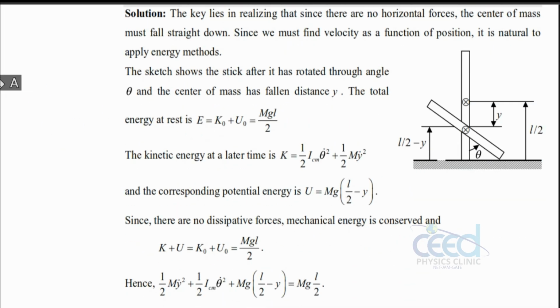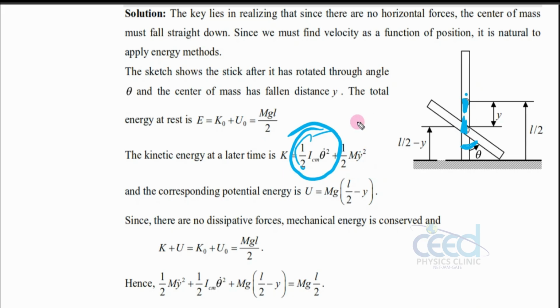This rod is rotating by an angle, so the rotational kinetic energy is half I omega square, where omega is theta dot, and for translation, the center of mass shifting from one point to another gives half m y dot square, right?